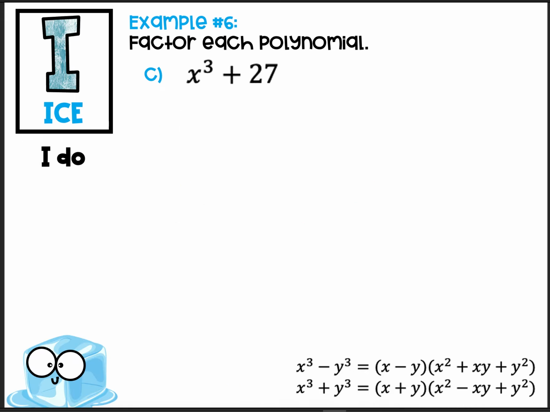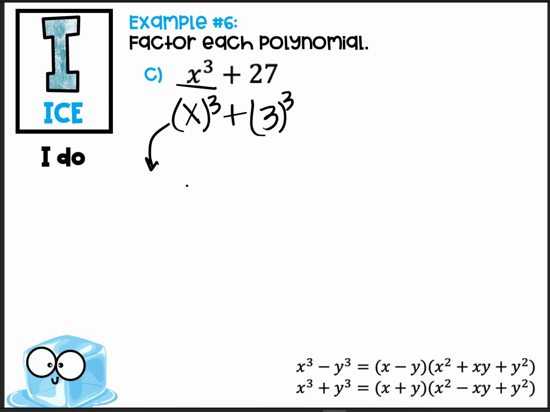For the last example, I can now factor x cubed plus 27. This is x to the third power. And 27 looks like it's 3 to the third power, 3 times 3 times 3.